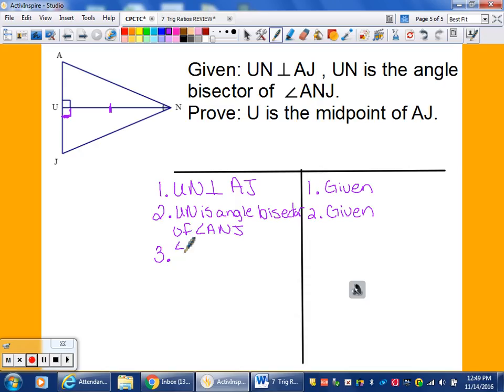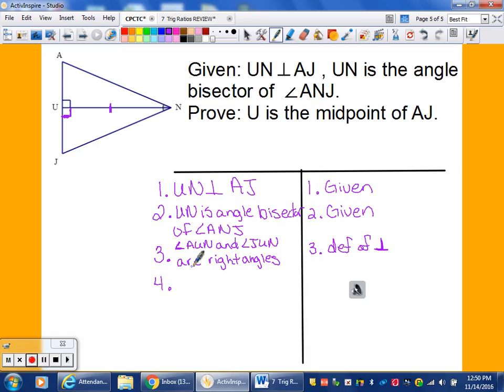The first thing we need to say is they're right angles. So on number 3, I'm going to say that both angle AUN and angle JUN are right angles. And my reasoning for that is definition of perpendicular, and I'm going to use the perpendicular symbol here.